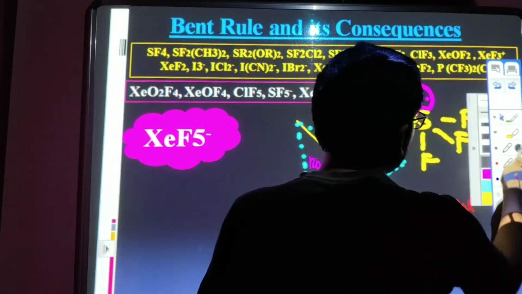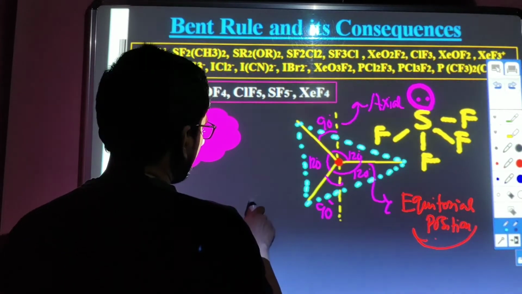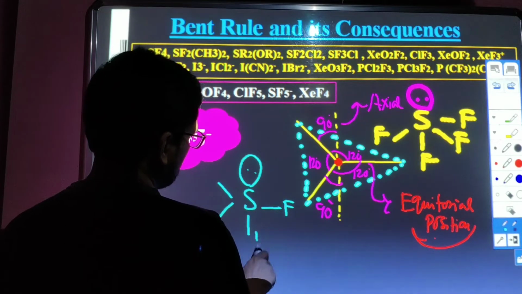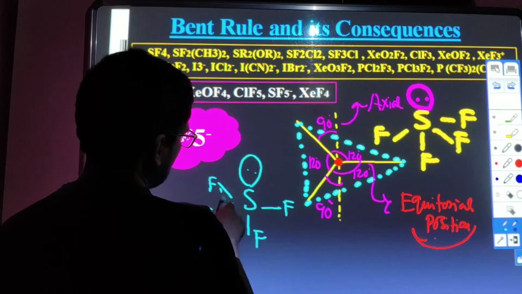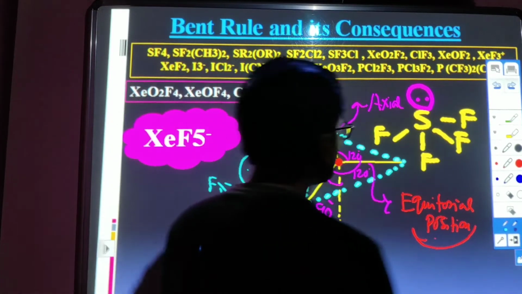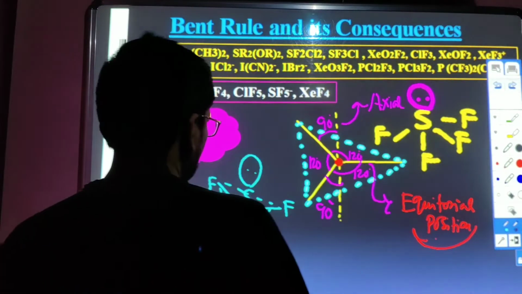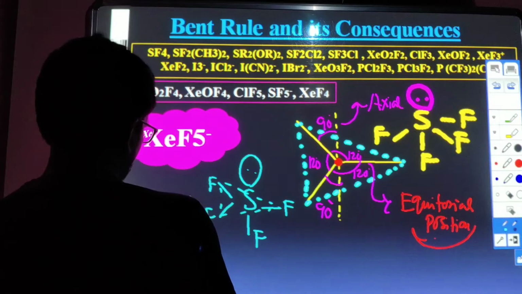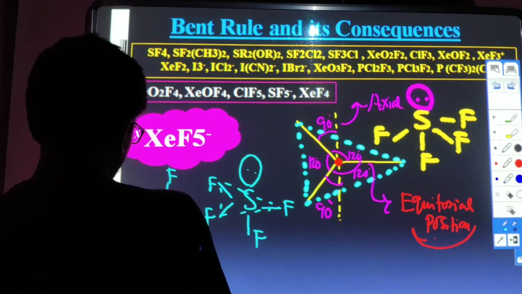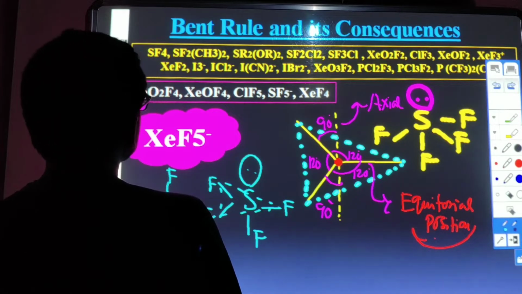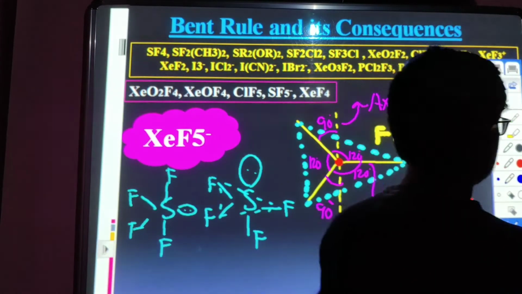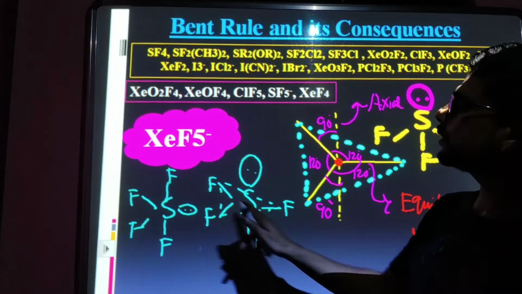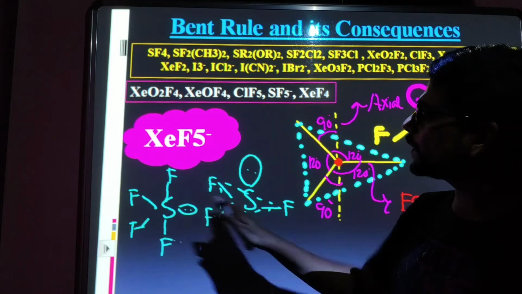Say someone puts the lone pair of electrons here, or like this, or someone might put the lone pair here, but both are not the correct shape for SF4.